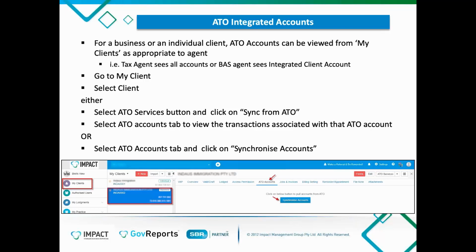It's a really great way to get that integrated account. You can very easily send that information to the client if they aren't aware, or if they've got a payment plan, you can say, look, this is where you need to make sure you keep going, or encourage them to pay their outstanding amounts. You can also go to the Accounts tab on the top toolbar and go to those services there.